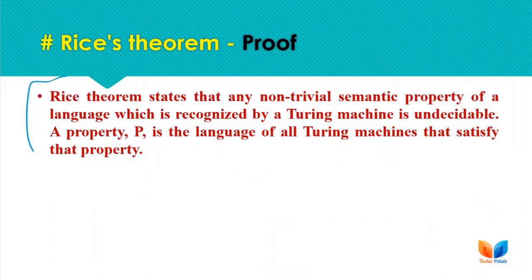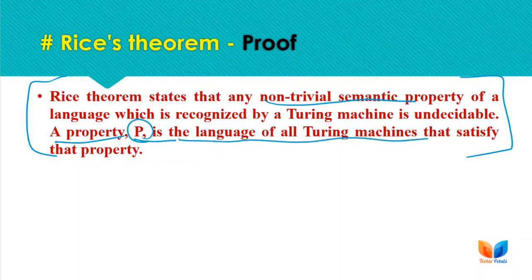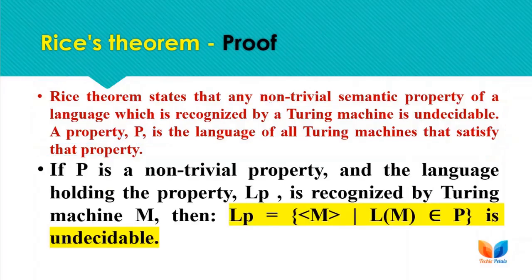This we have already discussed. Rice's theorem states a non-trivial property, and by property we mean the language of all Turing machines that satisfy that property. So for the proof, we are taking P as one example of a non-trivial property.